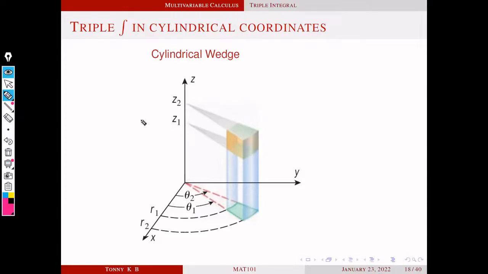And z equal to z1 is a plane passing through this point and parallel to the xy plane. And z equal to z2 is another plane passing through this point and parallel to the xy plane. So what about the intersection? The intersection of all these gives almost a solid like this, and this solid is called a cylindrical wedge. That means in cylindrical coordinates, we are going to divide the solid using cylindrical wedges.